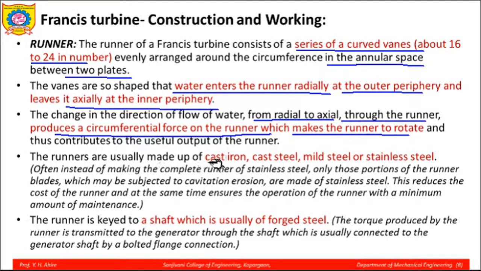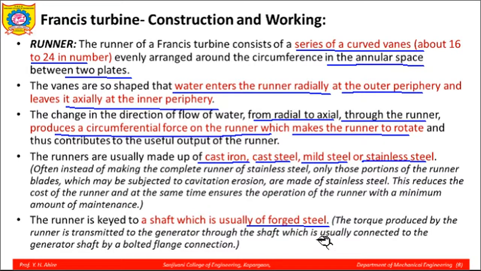These are also made up of either cast iron or sometimes cast steel, mild steel or stainless steel. The runner is keyed to a shaft which is usually made up of forged steel, right?